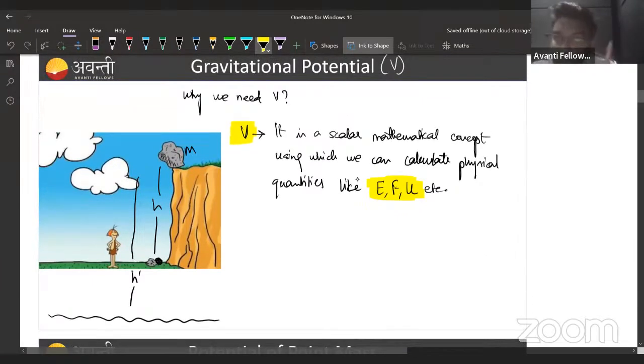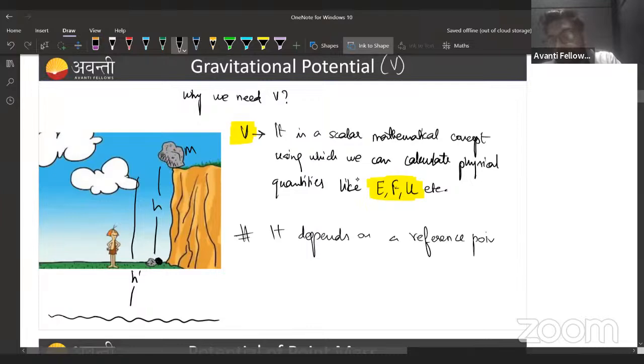Now, what is gravitational potential? It is a scalar mathematical concept using which we can calculate physical quantities like gravitational field, force, potential energy, etc. One more important thing I told about gravitational potential is that it depends on a reference point.